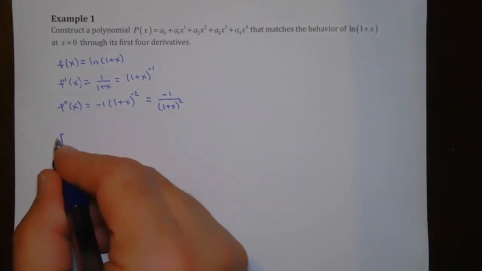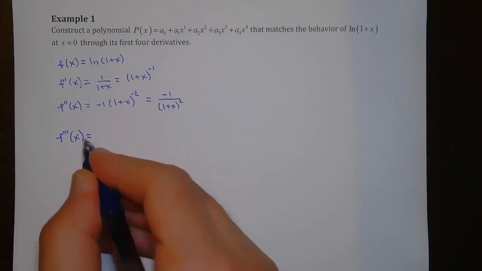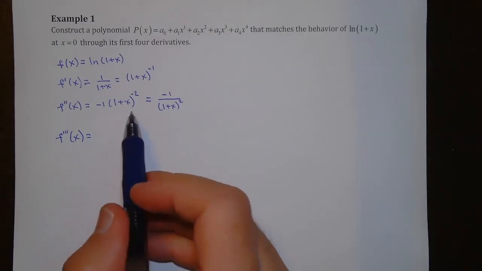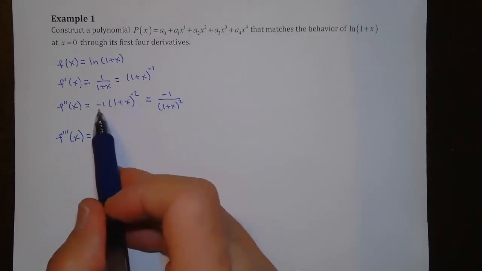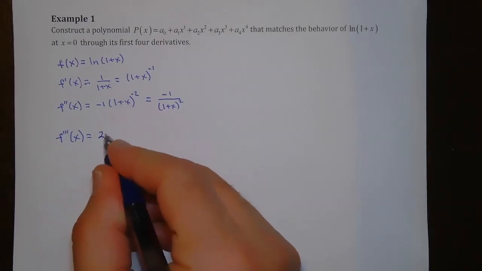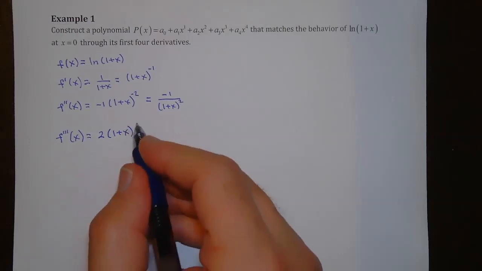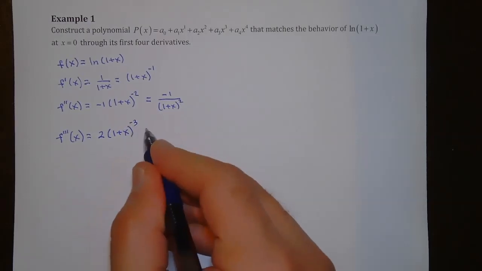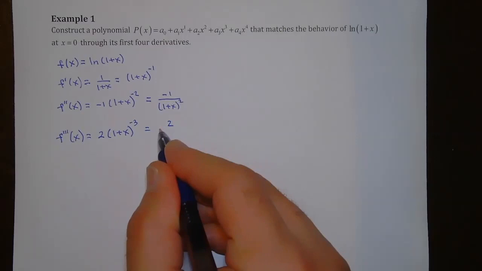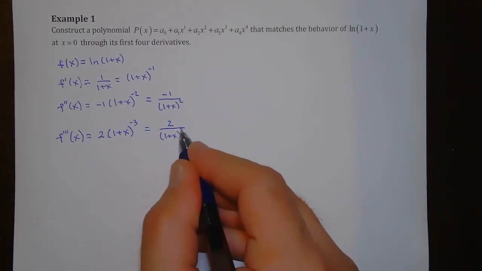So the third derivative at x is equal to, power down, so that'd be negative 1 times negative 2, which would be 2, times 1 plus x raised to the negative 3 power. So that becomes 2 over 1 plus x cubed.